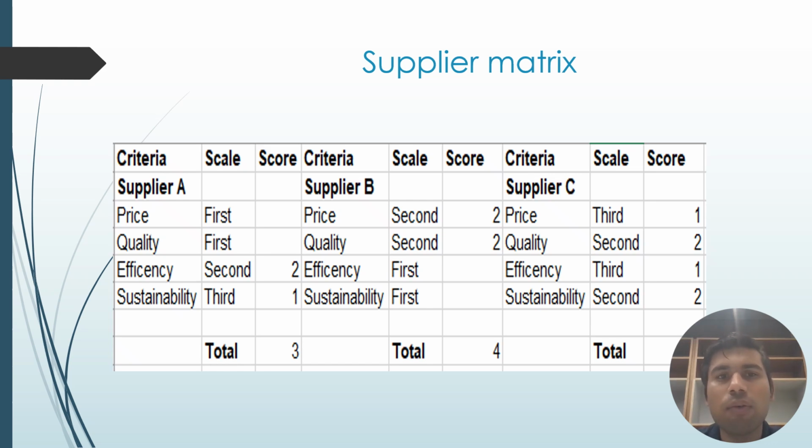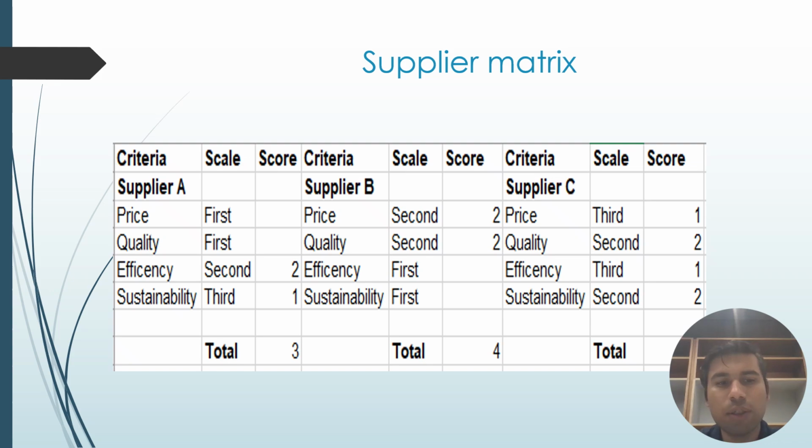Supplier B offers better efficiency and strong sustainability features, giving it an overall balanced profile. Supplier C shows weaker results in price and efficiency but improves in sustainability. The total scores help identify the most sustainable supplier based on project priorities, and this structured comparison ensures the supplier selection is transparent, evidence-based, and aligned with the long-term procurement goals.